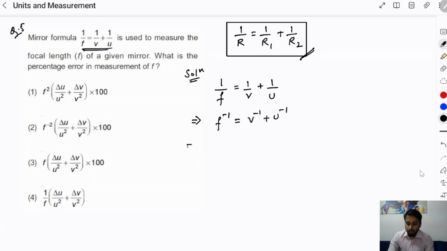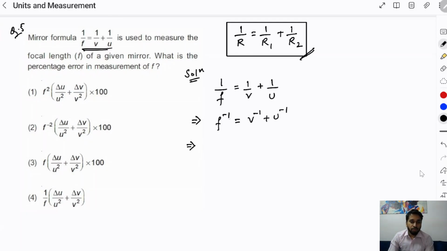Now we need to differentiate both sides with respect to time. If we differentiate both sides, we have to apply the chain rule.